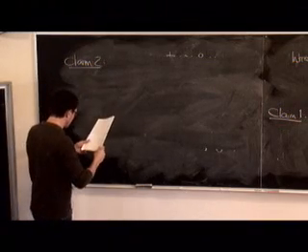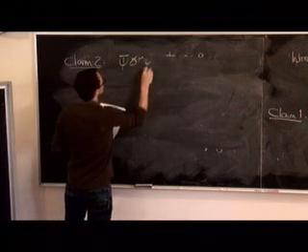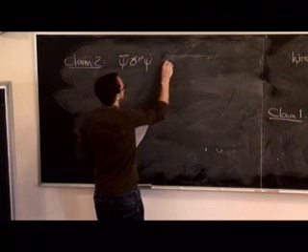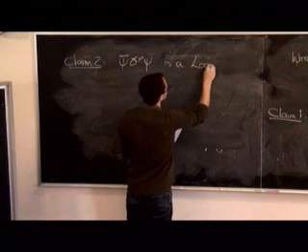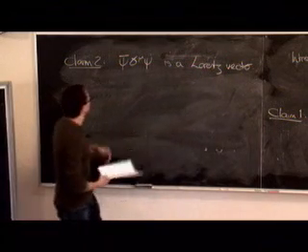Slightly trickier to see, but it's also in the notes, is that this is a Lorentz vector. What do I mean by this?